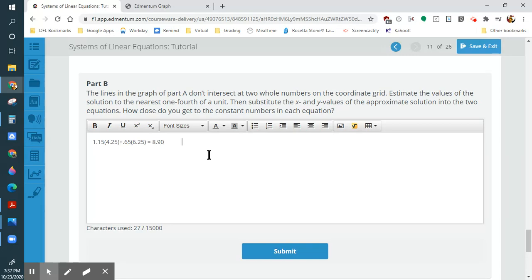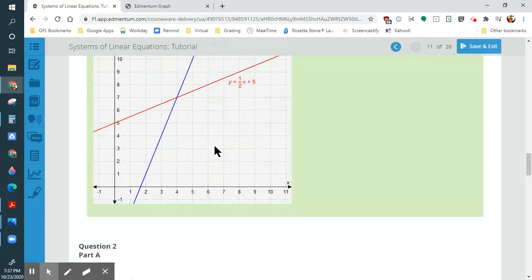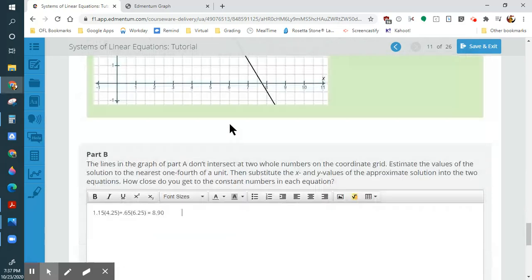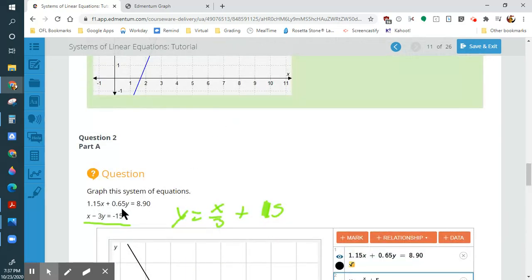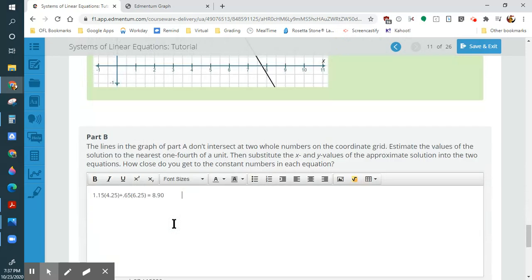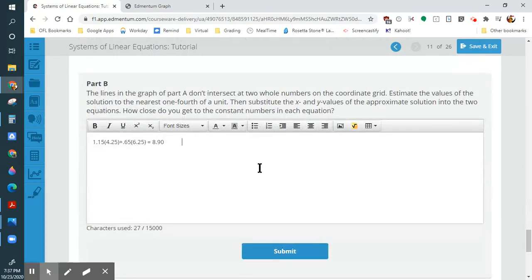Our other equation, I just realized I should have made a table, but that's fine. So our other equation is going to be, I'm going to write it out the long way. I just realized I should have done this. This just makes it a little easier to read it out.